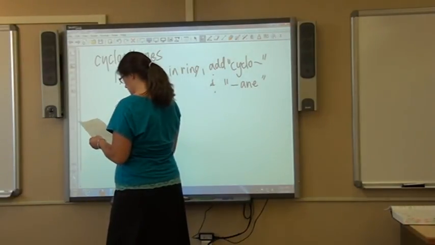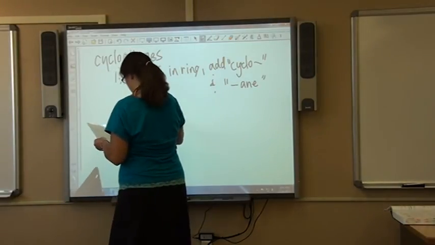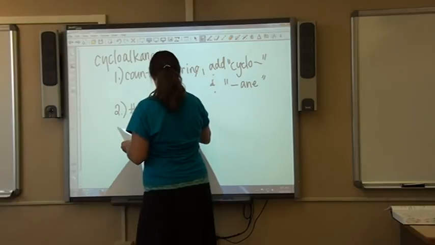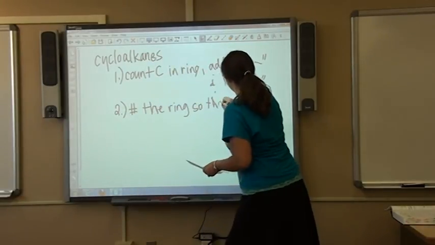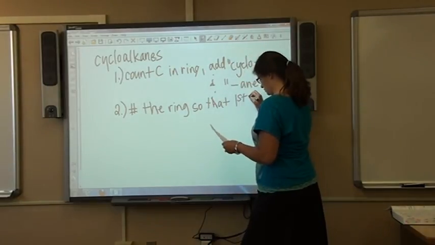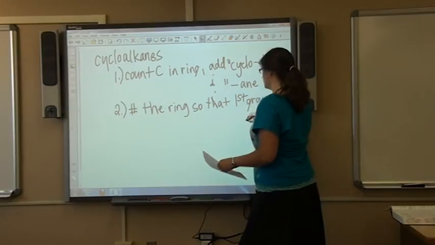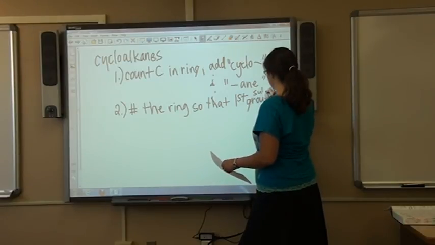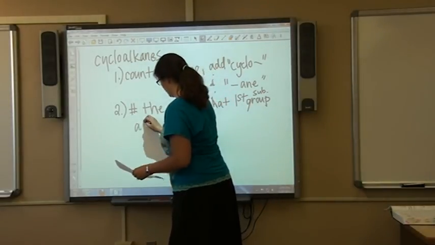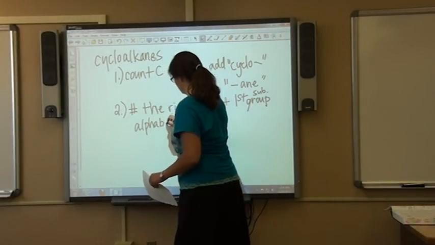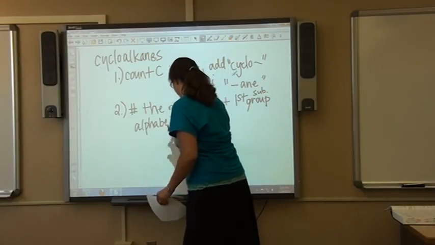Step 2 is to number the ring so that the first substituent group, alphabetically, oh golly, I know I can't even spell.